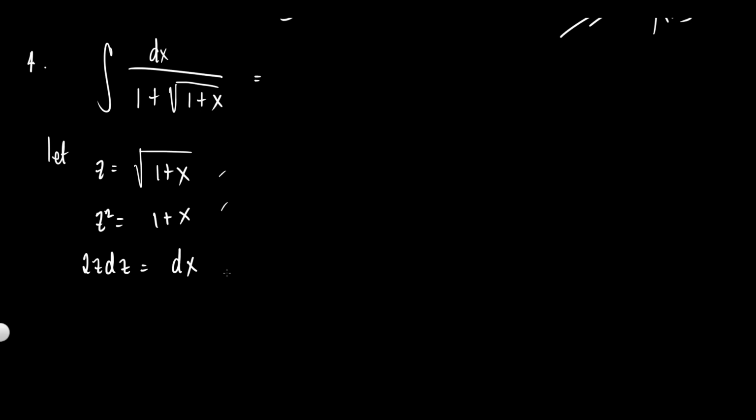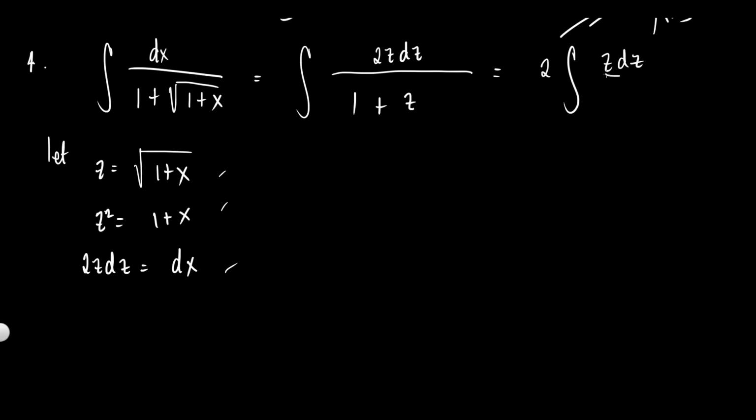The integral of dx, which is 2z dz, over 1 plus the square root of 1 plus x, which is z. Di ba? Now, labas natin yung 2. Constant yan, no? So 2 times the integral of z dz over 1 plus z.